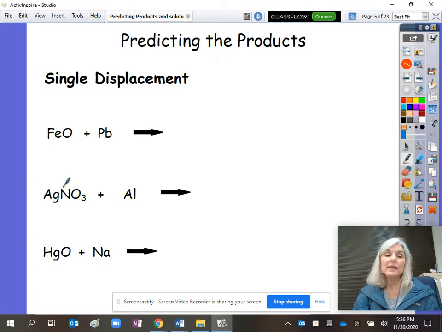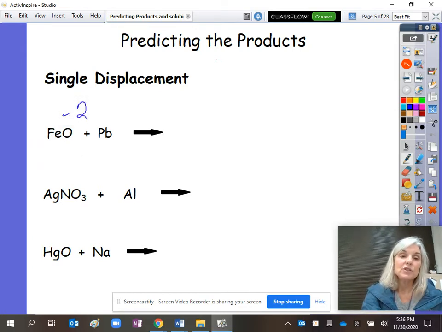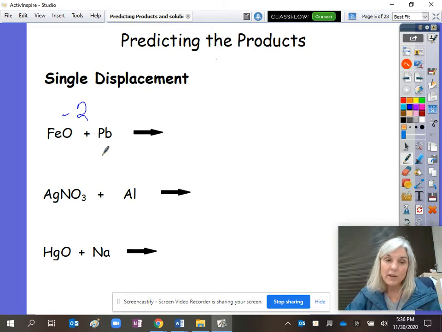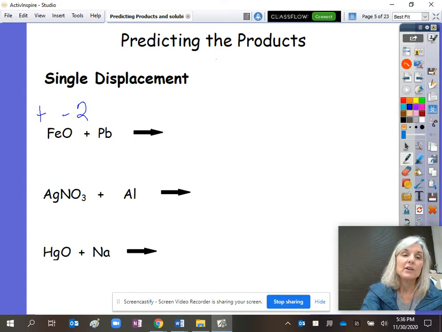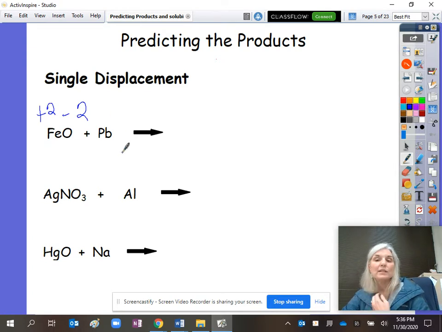So Fe, we don't know. Remember, Fe is one of those that has more than one oxidation number, but I can figure out what Fe is because oxygen is -2. This is the right formula. So if oxygen is -2, then that means iron is +2. Now, with the lead, I would tell you that it is also +2.